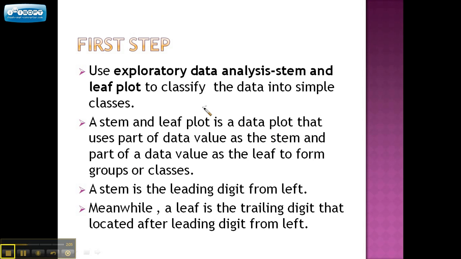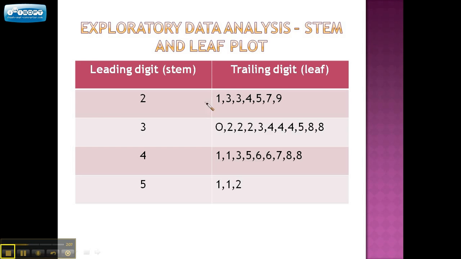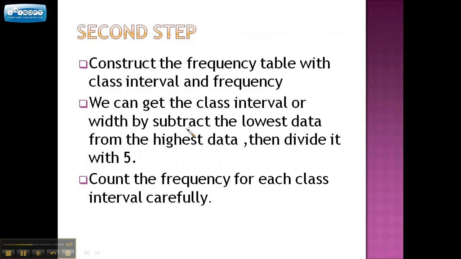This will be helpful for us. And this is the example that I have done. The leading digit, stem, trailing digit, and these are the example. This is very helpful to us.